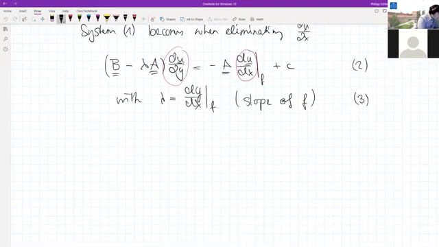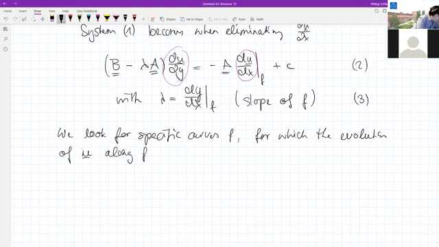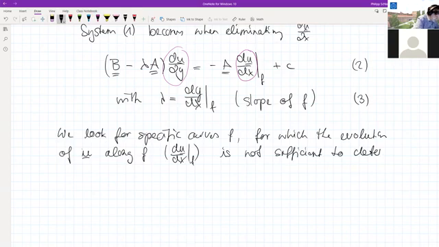Now what we're doing is we look for specific curves f for which the evolution of u along f, so essentially the knowledge of du dx along the curve f, is not sufficient to determine the complete u.